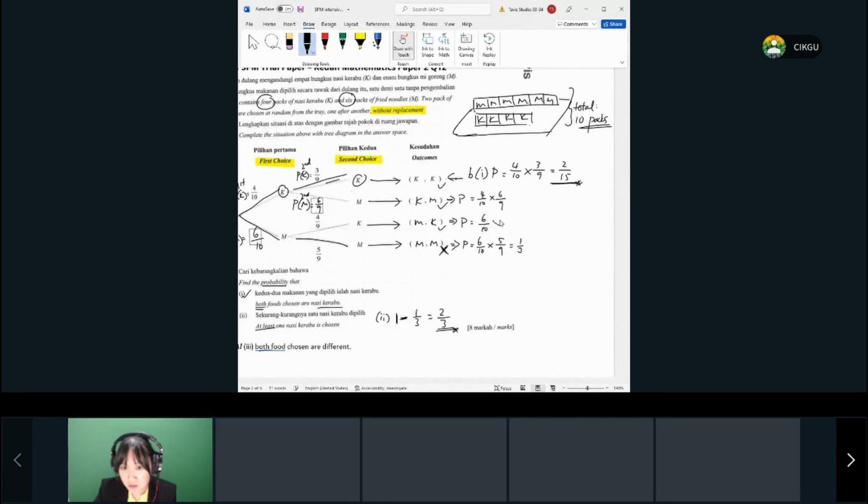So what is it? 24 over 90. Both of them are the same, 24 over 90. And this one is 30 over 90. So 24 plus 24 is 48, 48 plus 30 is 78. 78 over 90.